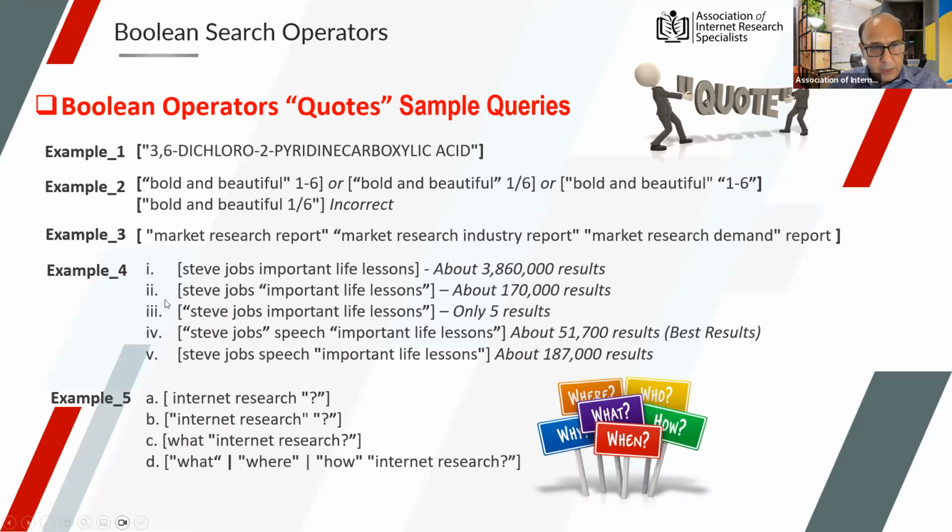What is important is the way we are going to use quotation marks in queries 2 through 5. In the second one, you can see we have written "important life lessons", as I guess it is a speech, you could say, the subject of a speech by Steve Jobs.